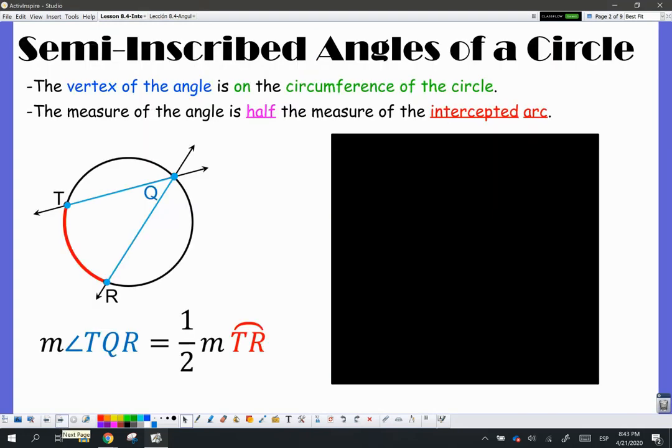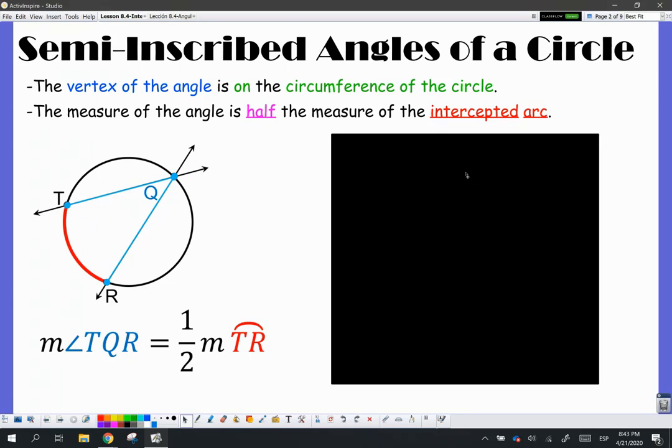So last time we started talking about the inscribed angles, which have their vertex on the circumference of the circle. And we know that for that, the measure of the angle is half the measure of its intercepted arc or its corresponding arc. Now, this is also true for semi-inscribed angles of a circle.